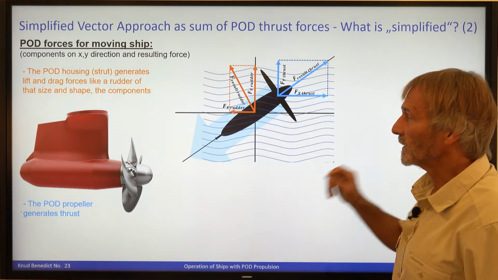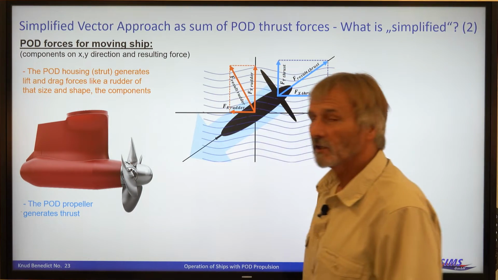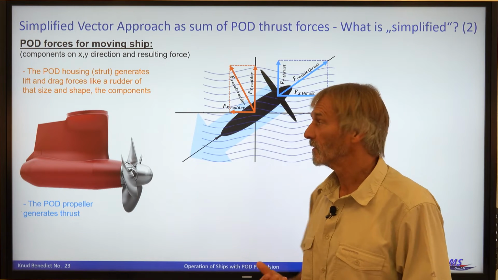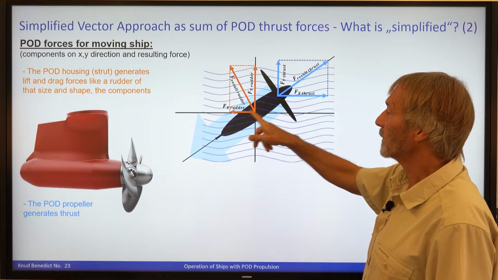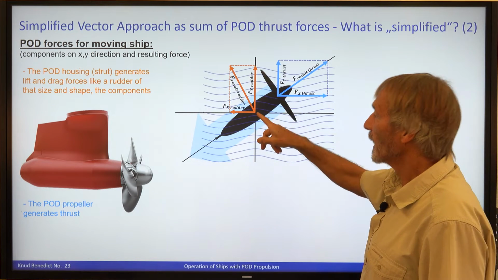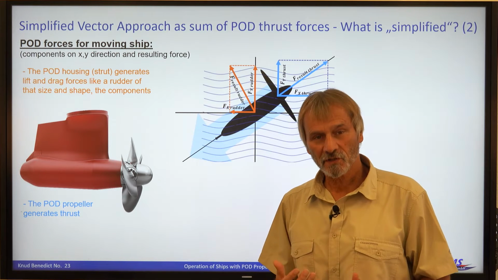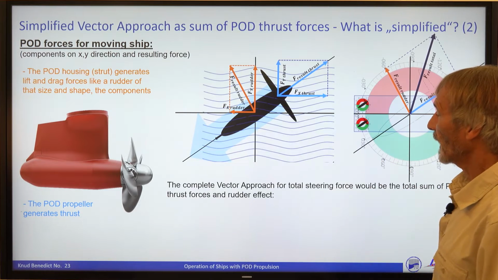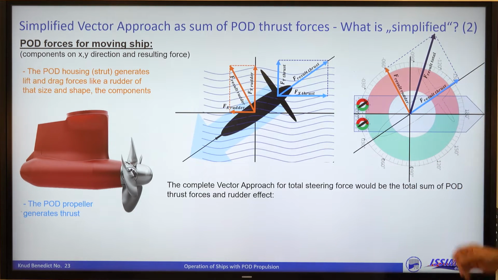The second one is the pod housing. This here, the strut, generates lift and drag forces like a normal rudder, because the shape is like a rudder. And this has components in X and Y direction, forming a resulting force vector from the rudder effect. Both of these components go together to get the resultant thrust.